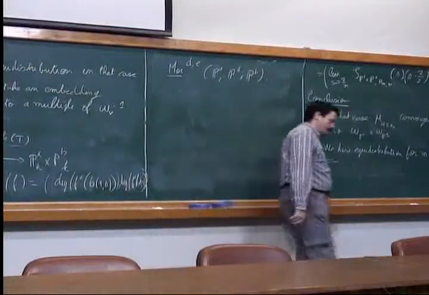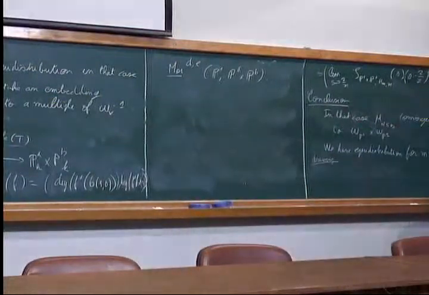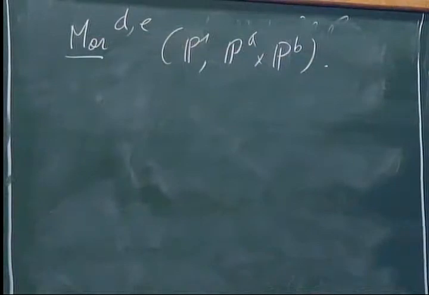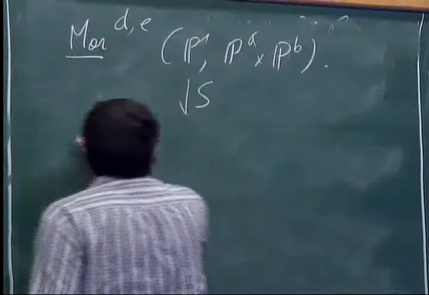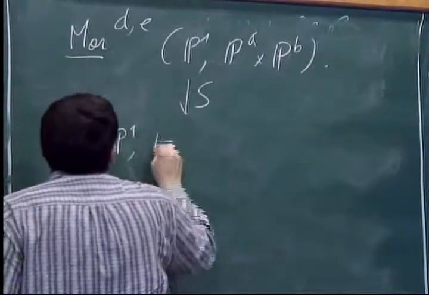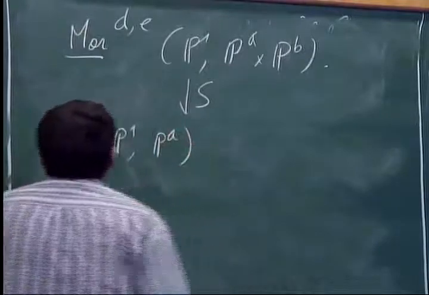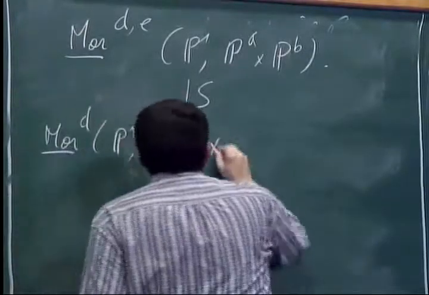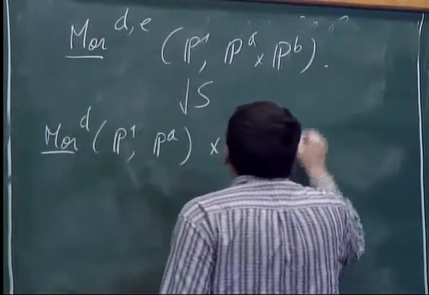To give a morphism to the product is the same as giving a morphism into each term. So this is canonically isomorphic to the morphisms to the first factor times the morphisms to the second factor.